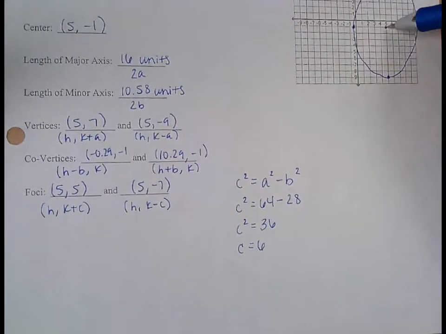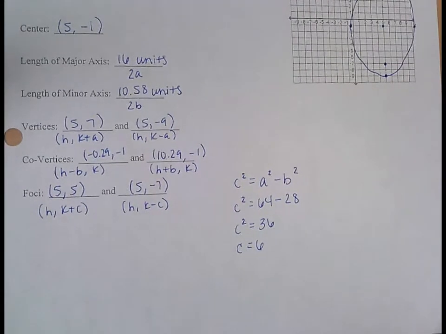And I should see that from the center, if I go up a distance of c, up 6, and then down 6, I am at 5, 5, and 5, negative 7.